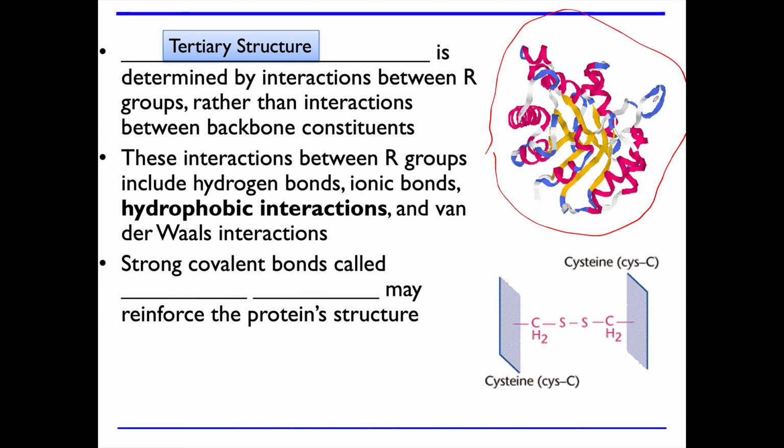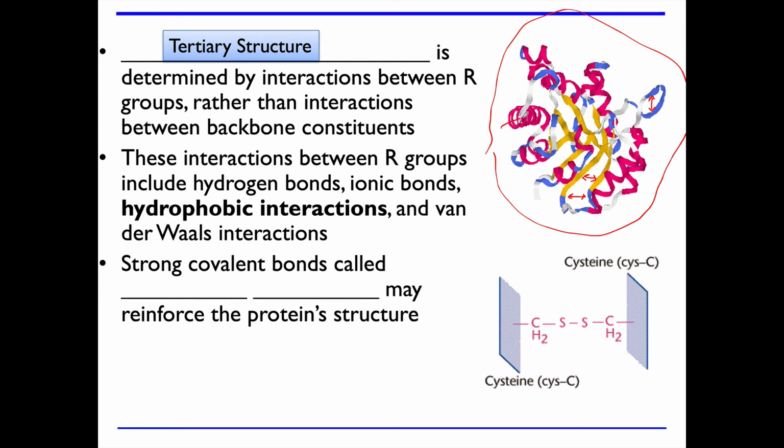For example, look at this loop out here. This loop is permanently here. Why? Because there are interactions between the R groups that keep it extended out there. This space here probably has a bridge holding it apart from the other side. We don't want these touching each other for this protein to work properly.